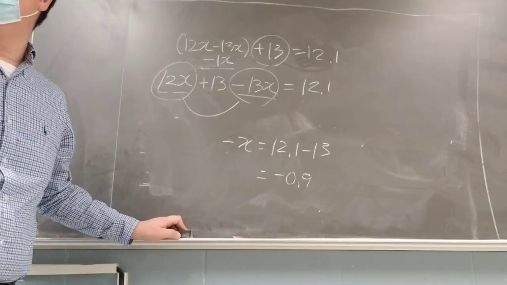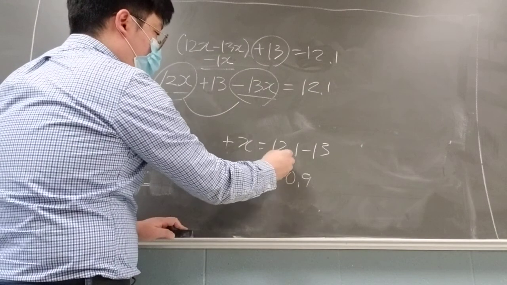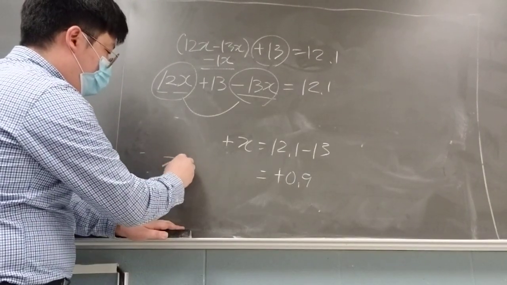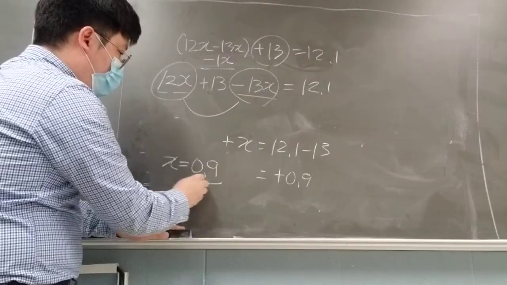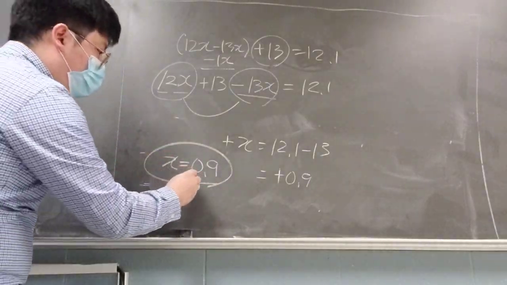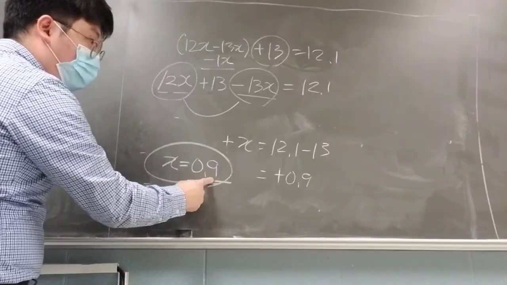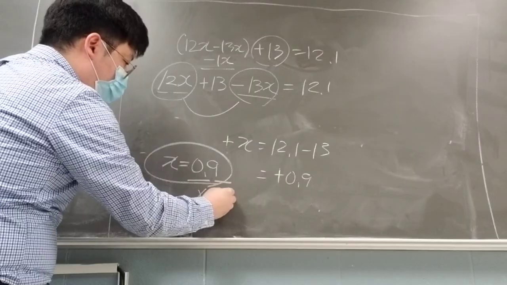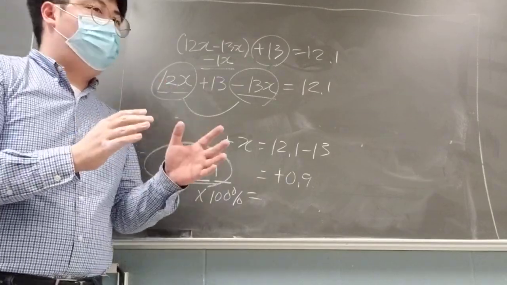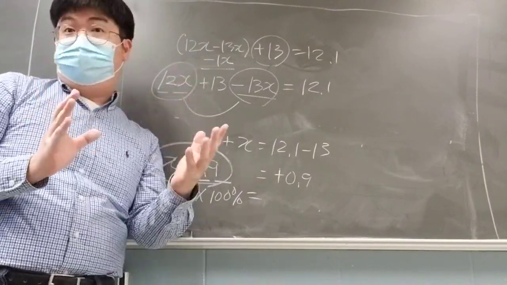Then just multiply by negative 1 on both sides, and you find out X is 0.9. Okay? And then the only thing you have to do is multiply this number by 100%, because you assume that 1 is 100%.